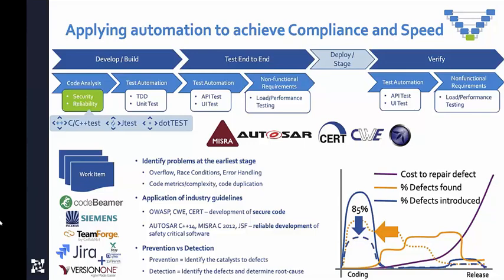But more importantly, how we can push down the curve so that we reduce the number of defects that are introduced into the code base in the first place. And this is where code analysis helps. I'm not talking about the kind of basic stuff that you get with SonarQube. I'm talking about the deep reliability and security analysis of the code that we can get by following these kinds of standards.